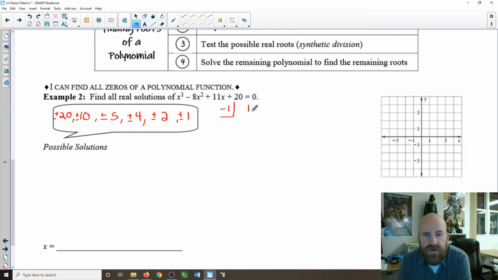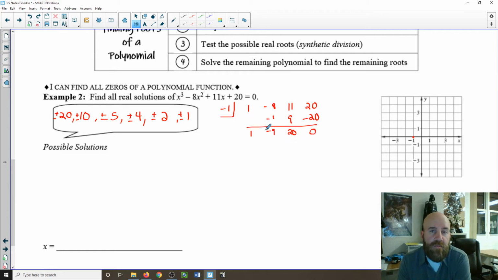And we're going to do synthetic division. You could do long division if you want. So we got lucky here. So zero remainder says that negative 1 is a zero, so I know that it's going to cross at negative 1. So now it's our job to find the other ones.